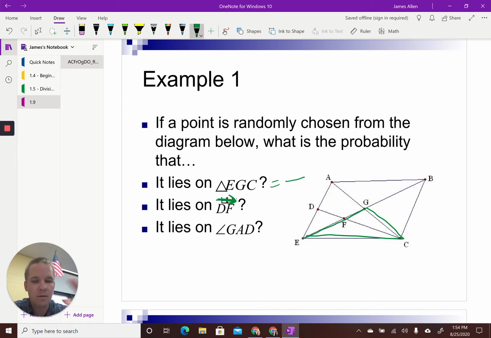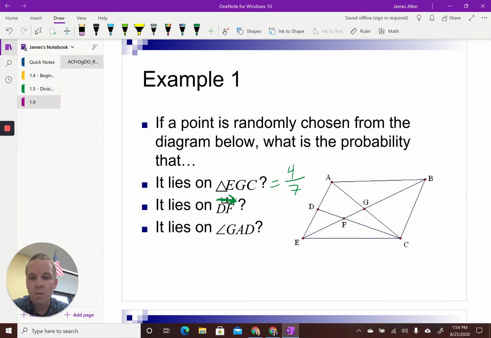There's A, B, C, D, E, F, G. That's 7. Now, how many points are on that triangle? We think first 3, but that point F right there, 4. So 4 out of 7.